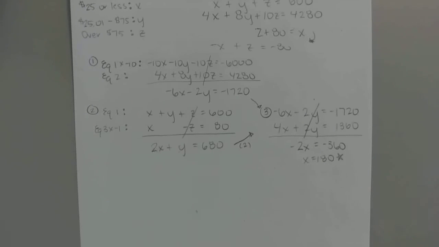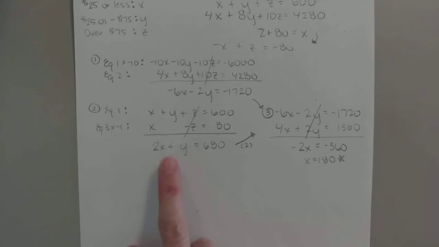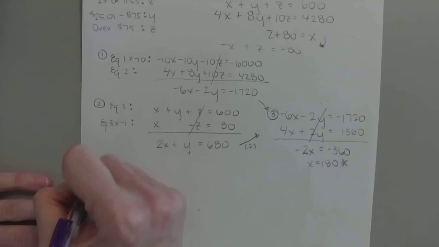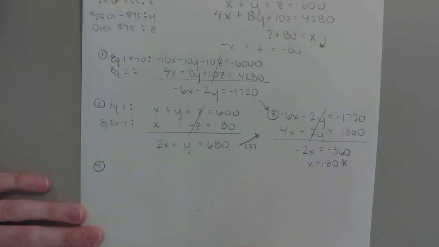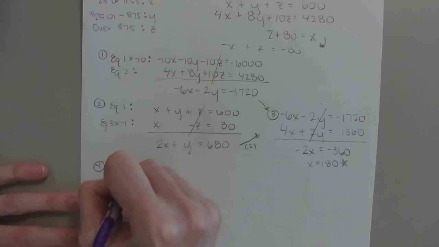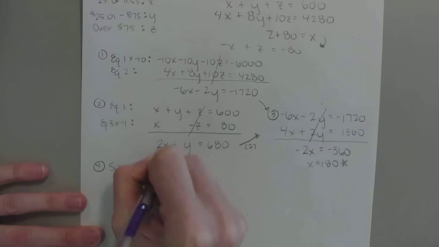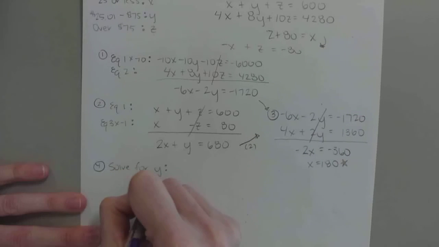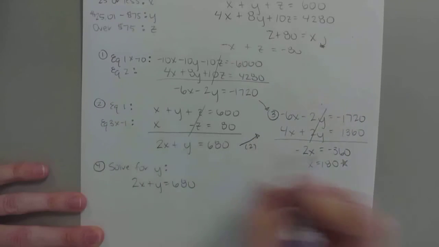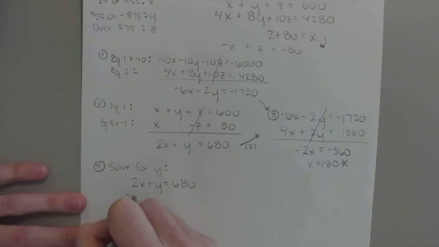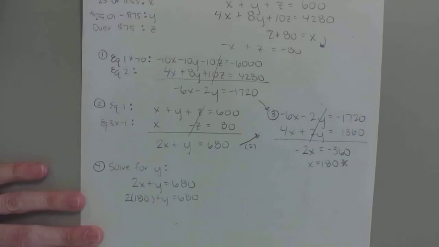All right, now that's the easy part, right? We'll just work backwards, grab one of those 2 equations we just used, and plug in 180 for x. So I'm just going to use this one right here, okay? So step number 4 is we're going to solve for y. Because we can plug x in, right? So we have 2x plus y equals 680. But I know what my x is.